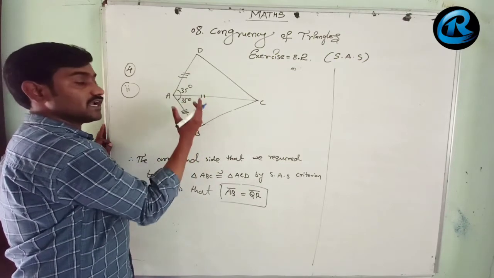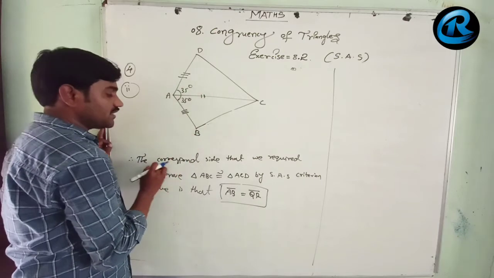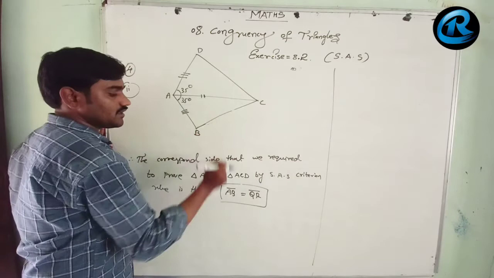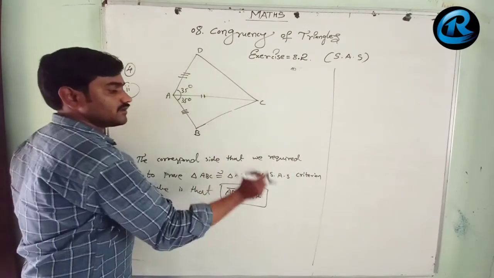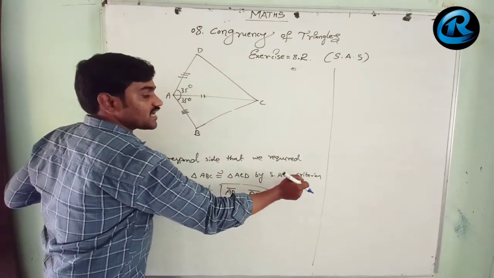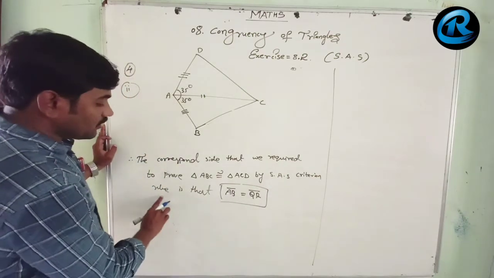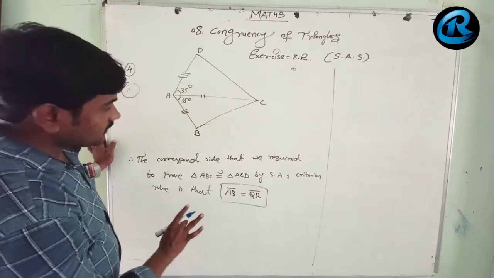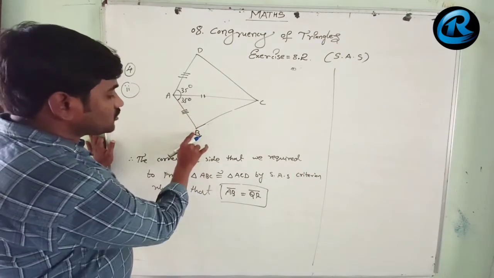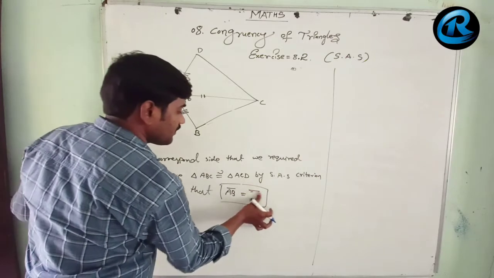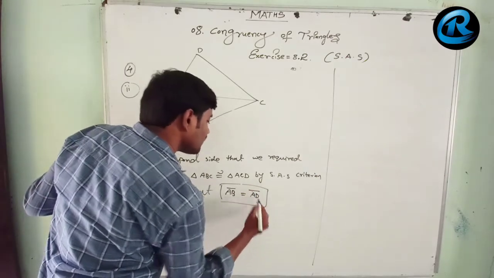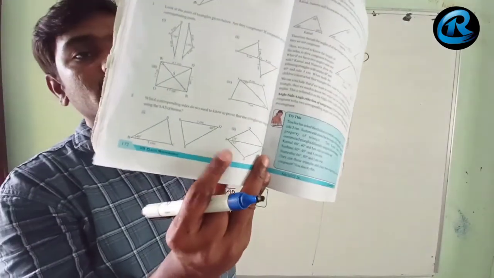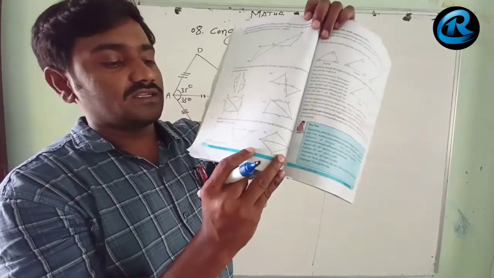In that way, the corresponding side that we require to prove triangle ABC is congruent to triangle ACD by the side angle side criterion is AB equal to AD. The diagrams are given here clearly. You can go through the diagrams and understand.